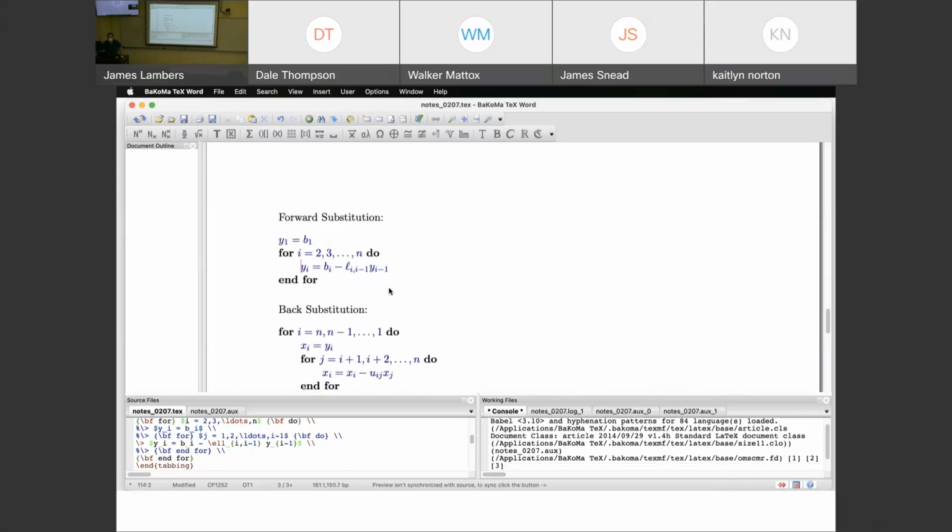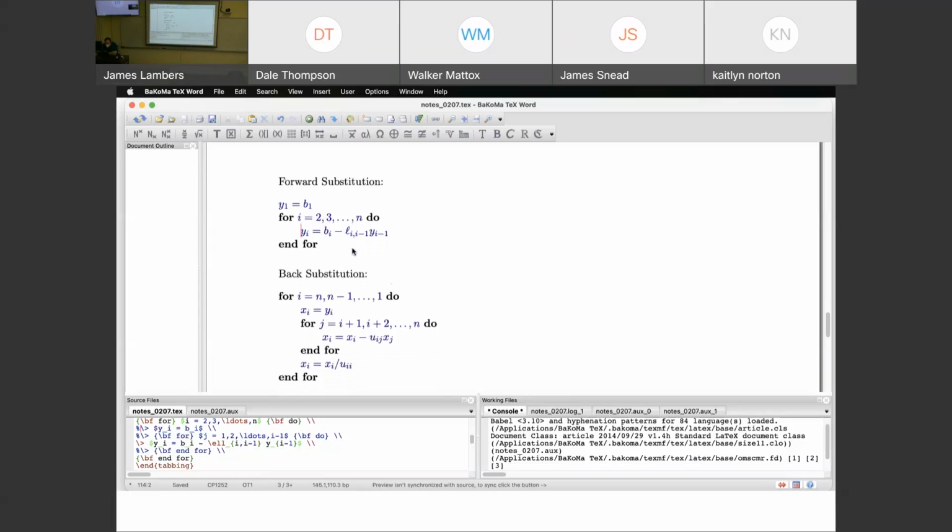Okay, so that's the whole algorithm there. Because I'm removing a loop, I need to be careful about these special cases, like the case of the first unknown. Questions about that one?